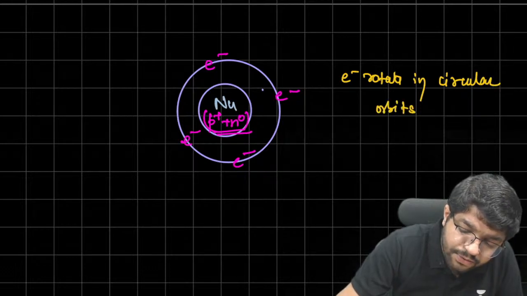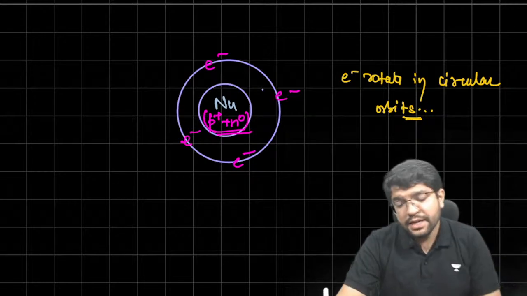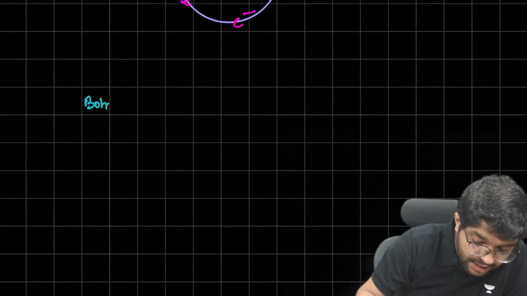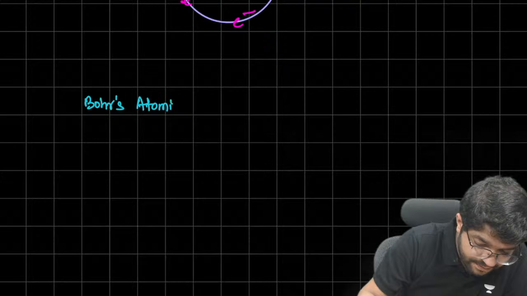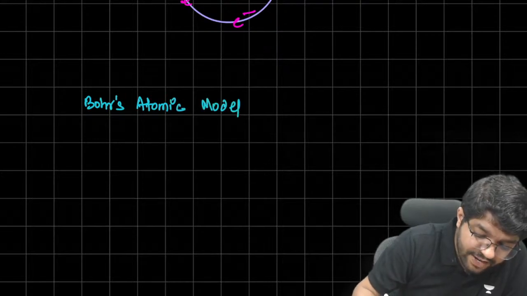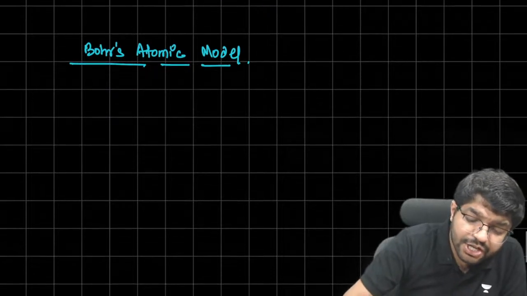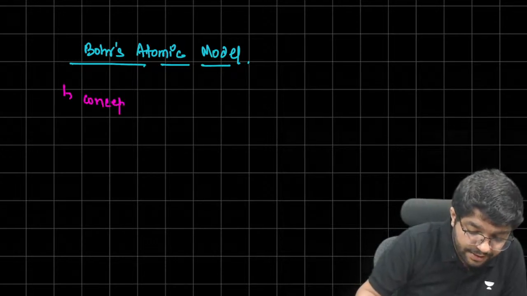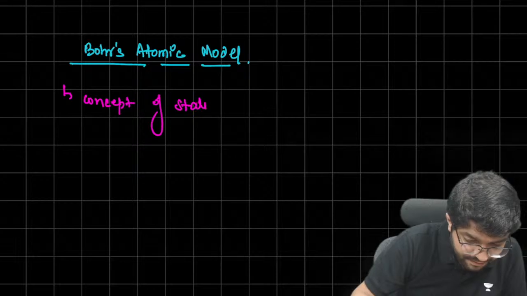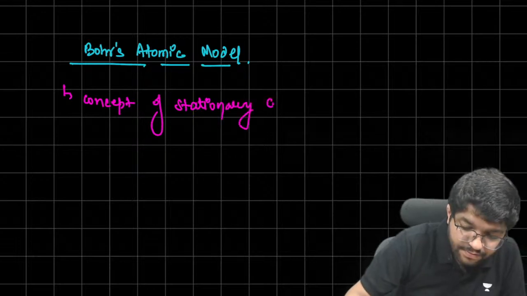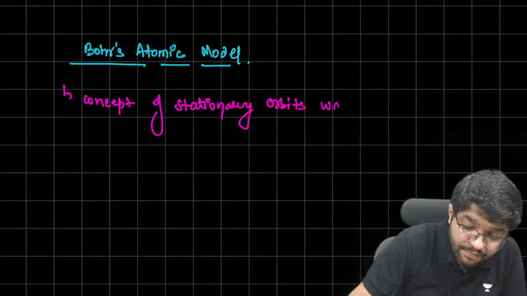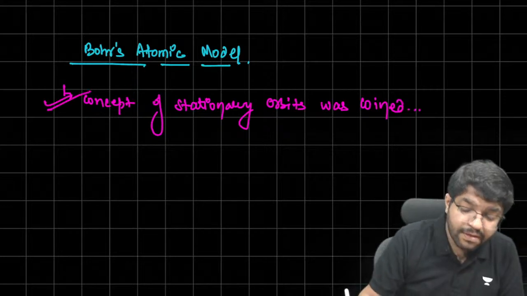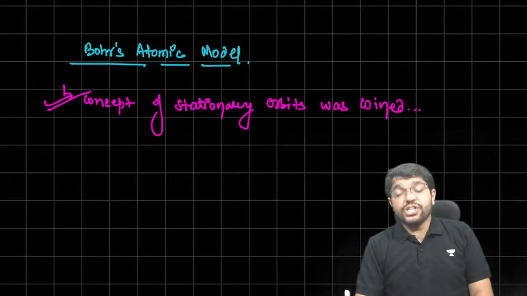So that is about your Rutherford model and the basics, because the next theory that was given was called Bohr's atomic theory. Bohr's atomic model, wherein the concept of stationary orbits was given. And what are stationary orbits?